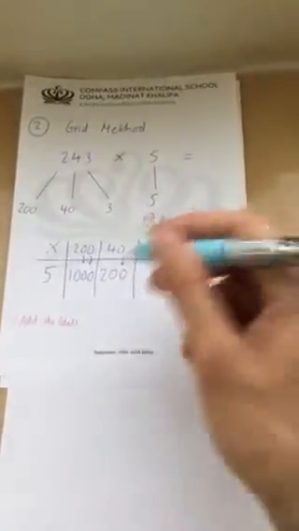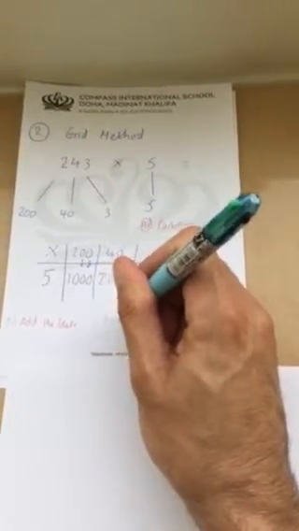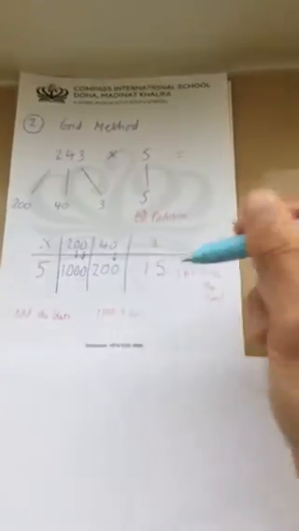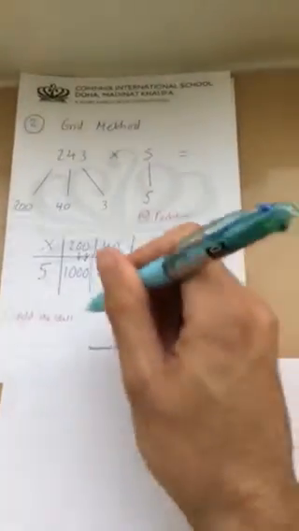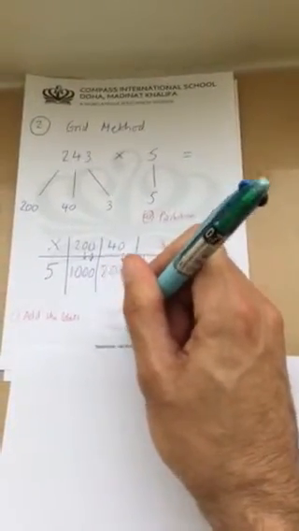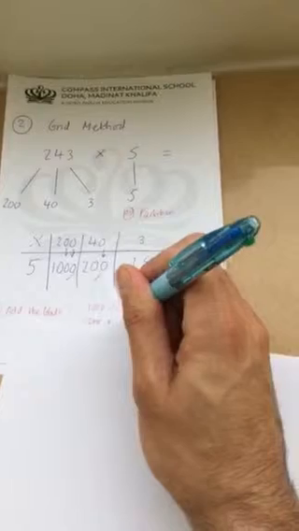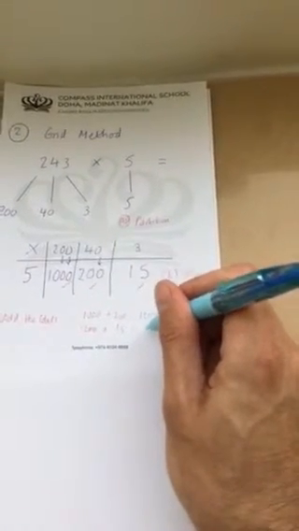I could do column addition, or I could just add them up in my head and do 2 at a time, because they're quite easy numbers to work with. 1000 plus 200 is 1200, and then 1200 plus 15, let's tick them off and know that I've done them, is 1215, and that becomes my answer.